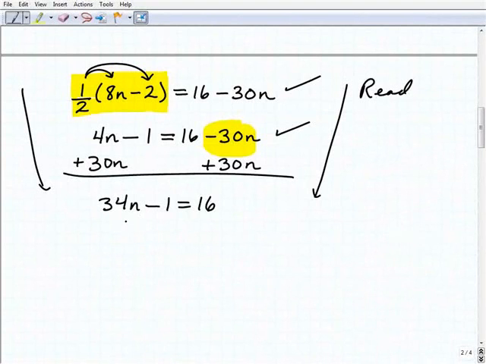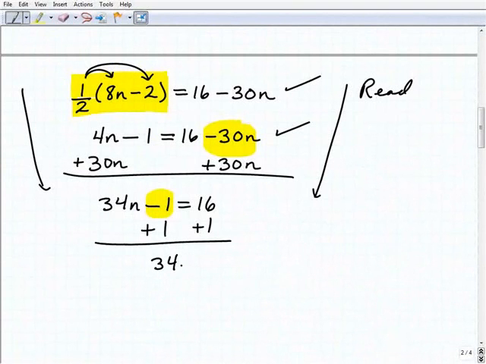All right, so now we got our variables all over to the left. Now we got to get all the numbers all over to the right. So I got to take care of this -1. So I got to add 1 to both sides of the equation. And I get 34n equals 17. Okay, so now I got a basic one-step equation.